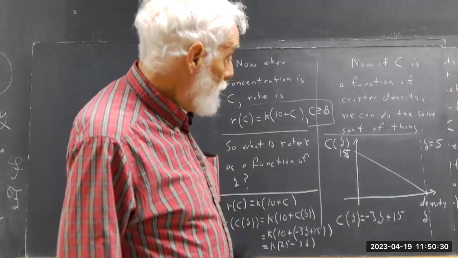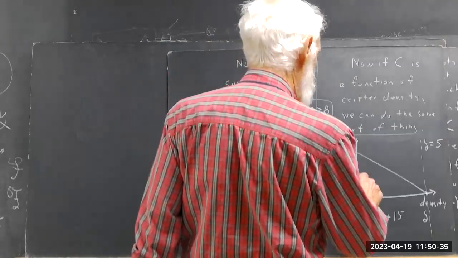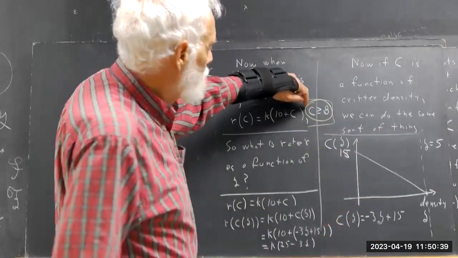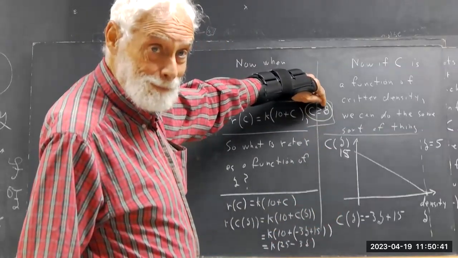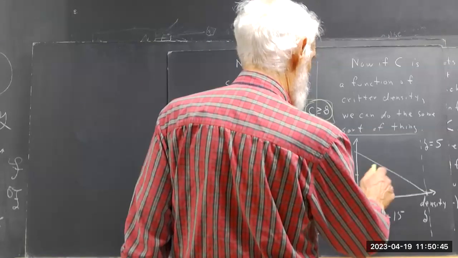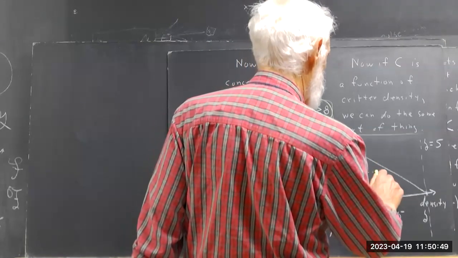So we just look at the graph and say, well, if this is 15, 8 would be maybe about here. We're going to put a green circle around this domain restriction. And in the same color, I'll make a line where C equals 8.